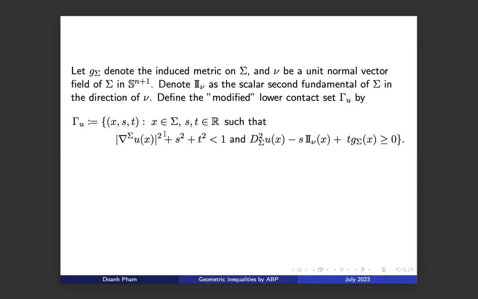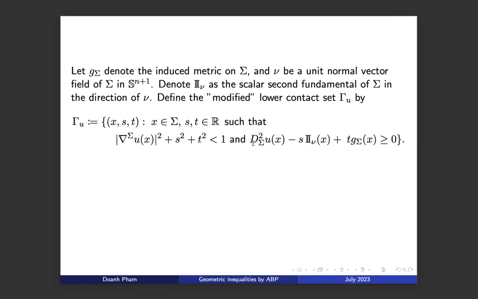If we look at the proof of Cabré, or the proof of the Sobolev type inequality for symmetric tensors presented previously, then we don't have s and t here. The s and t introduced here are a cost for curvature. When you have absolutely no curvature, then you don't need s and t.